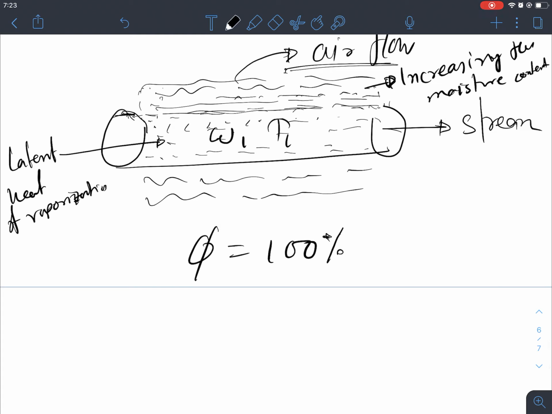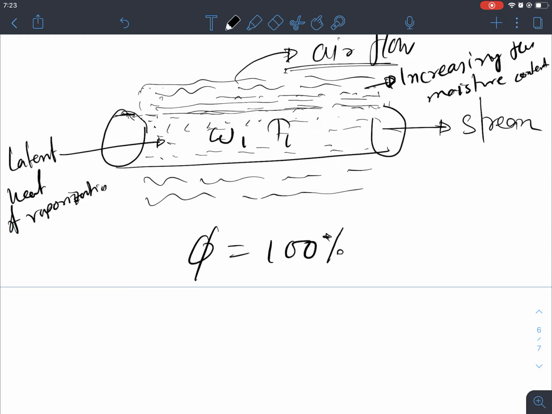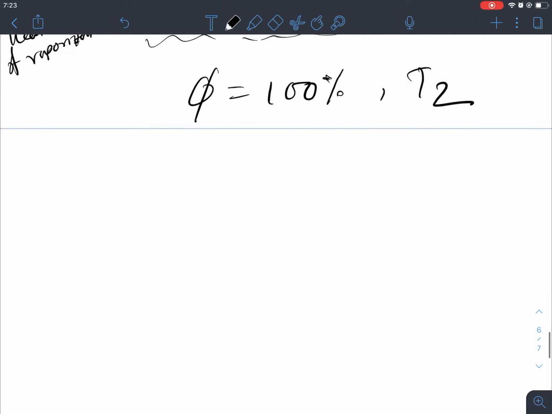When the vapor is mixing with the air, by taking the latent heat of vaporization, the temperature is decreasing, and that temperature is nothing but T2. This T2 is known as the adiabatic saturation temperature.